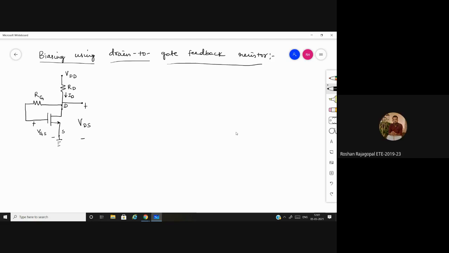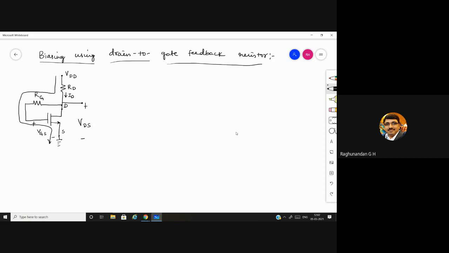Thank you, sir. So now coming to this, we need to find the drain current. To find the drain current, we apply KVL to the inner loop. So when you apply KVL to the inner loop, this will be our inner loop.